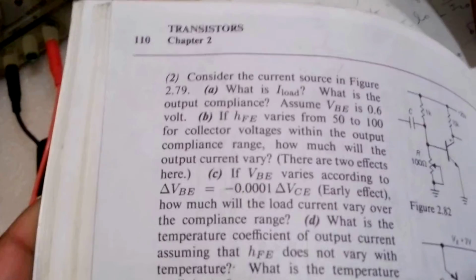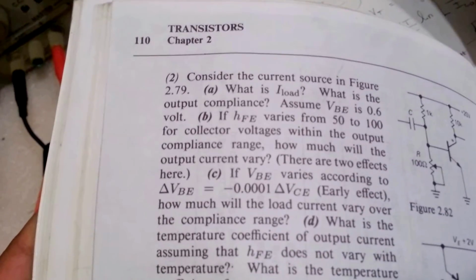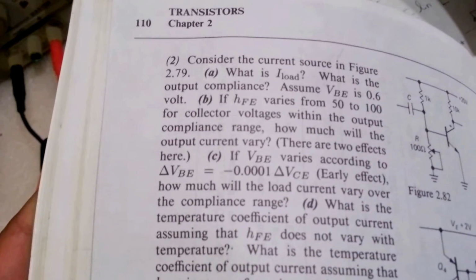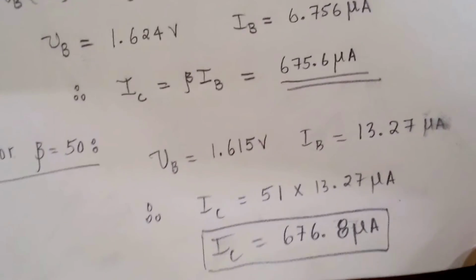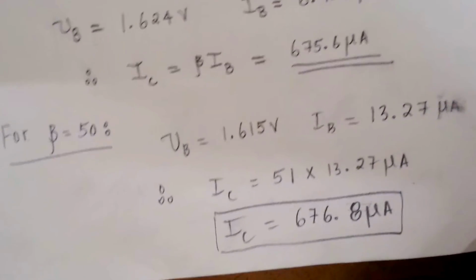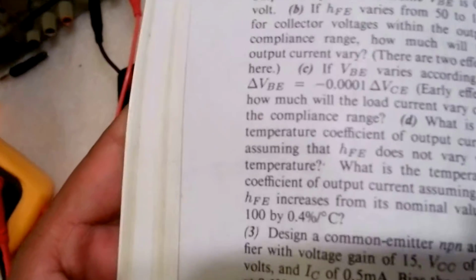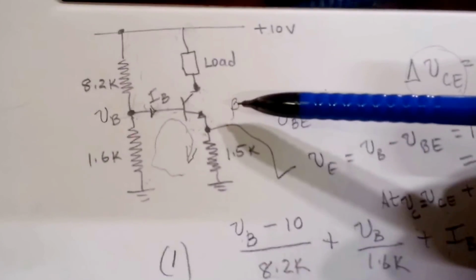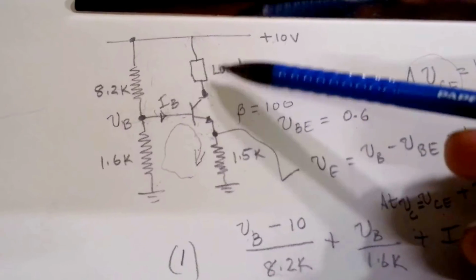Going back to the question, it says at the end of part B of question 2, how much will the output current vary? We've proven that it varies by a little over a microamp. And it says there are 2 effects here. One effect is, of course, the variation of beta, which changes the current.